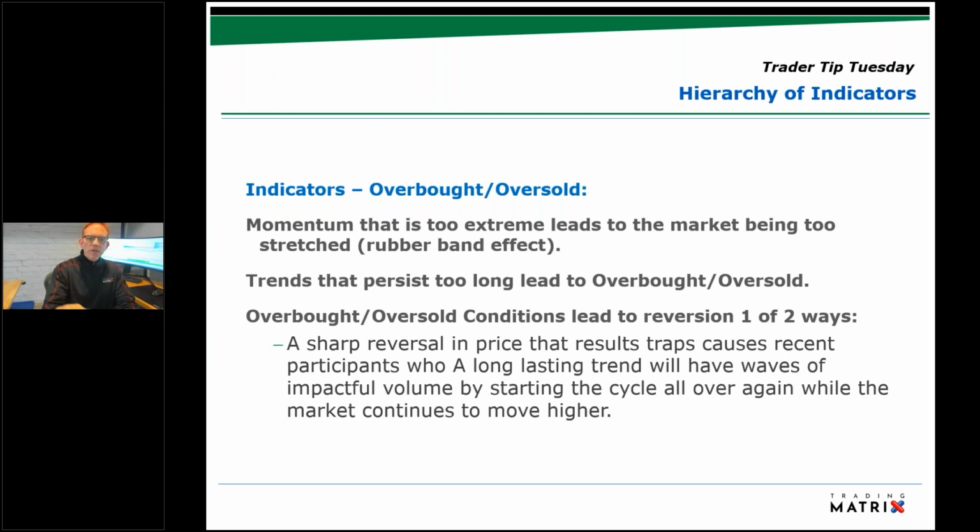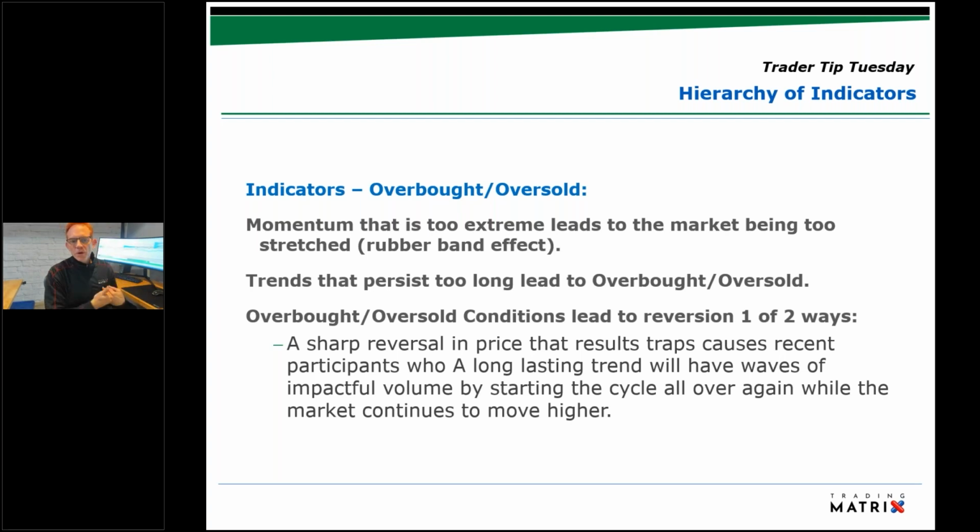In the case of momentum, momentum that is too extreme leads to the market being too stretched. It's like a rubber band that's too stretched. If it stays too stretched too long, it's going to snap back. Trends that persist too long create overbought, oversold. So overbought, oversold conditions lead to reversion in one of two ways.